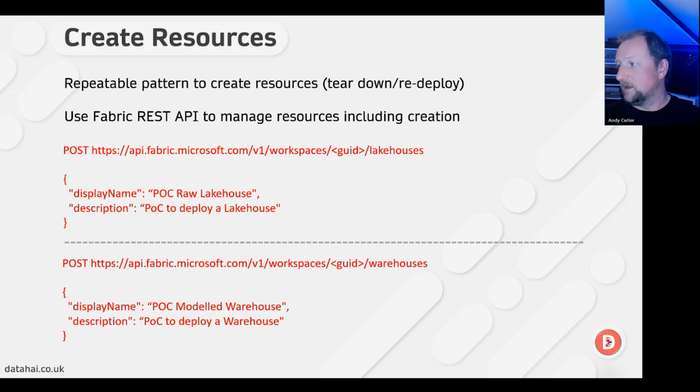Now, by all means, start with an F2, but one of the questions that I see quite a lot on forums is, I'm running an F2 and things are just failing and I can't get these notebooks to run and these pipelines to run. F2s are incredibly small capacities.